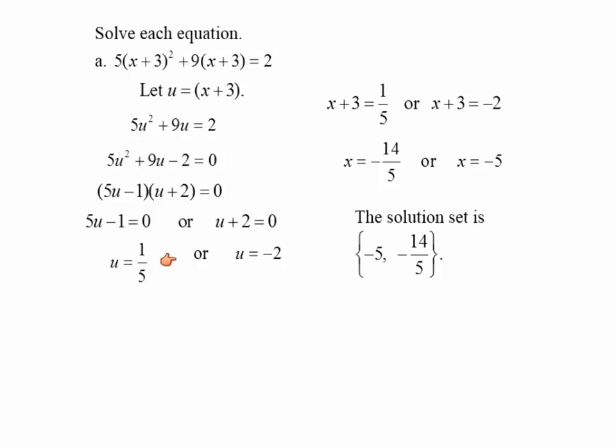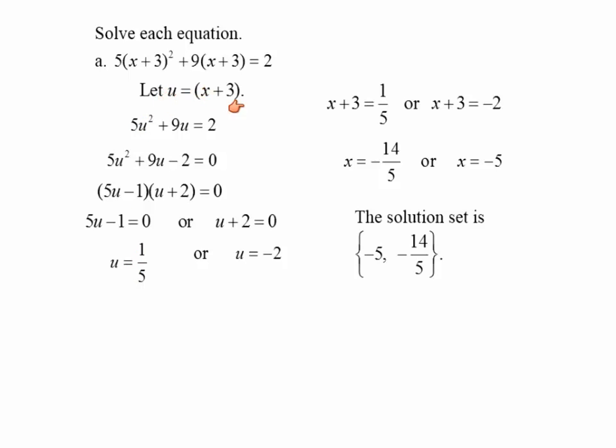And then you set each of these parentheses equal to 0. You solve for u. I find u is equal to 1 over 5, u is equal to minus 2. Now I have to go back and solve for x, because you're not solving for u, you're solving for x. So I have to go back to this original assumption. We said u is equal to x plus 3. Okay, so if u is equal to x plus 3, there are two cases I have to check.